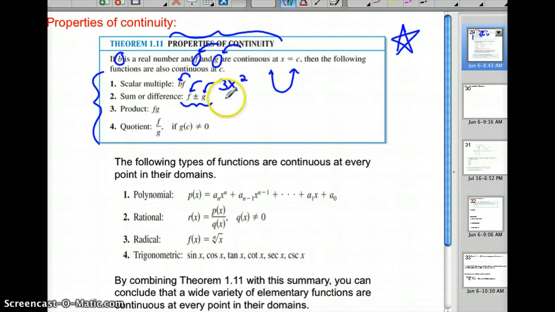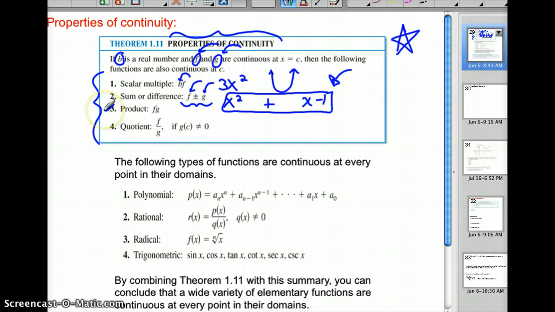So maybe I take a function that's x squared and another function that's x minus 1, and I add them together and I come up with this singular function. I've made basically a quadratic or a parabola, which is still continuous. Again, I'm just trying to give you some examples to go with this.